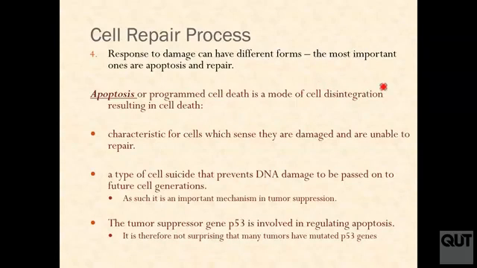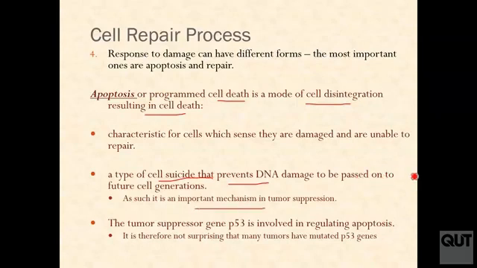Apoptosis is programmed cell death and a mode of cell disintegration, which results in the cell's death. It's characteristic for cells that sense that they're damaged and unable to repair. So the cell will basically die, like a cell suicide, and the idea of that is to prevent the DNA damage being passed on to future cell generations.